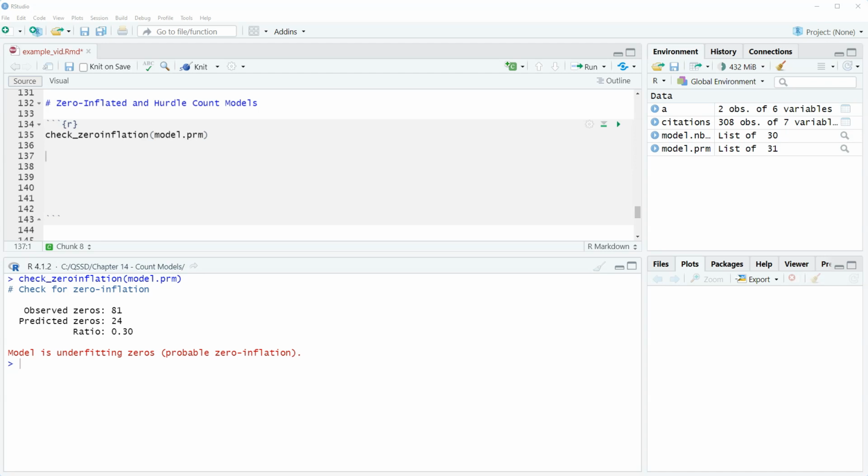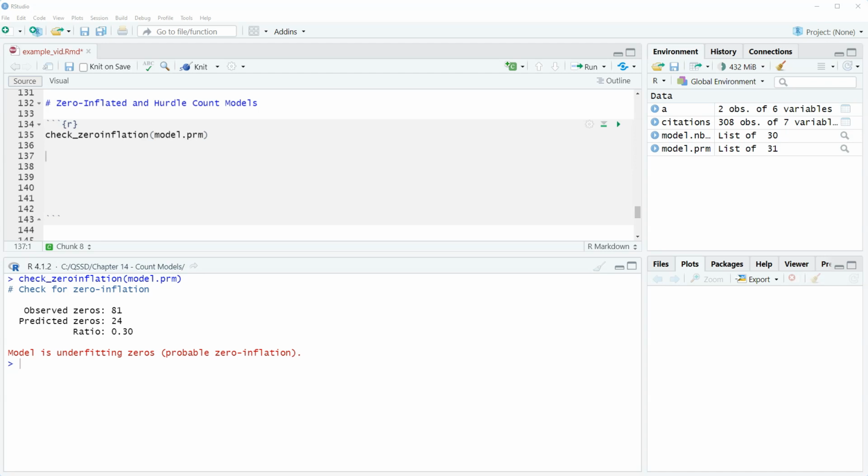The other is that an observation is zero because it just hasn't had a positive count yet, but it's not the case that it's always going to be zero. The zero inflated models also use a binary outcome, but it's not separate from the count model part.